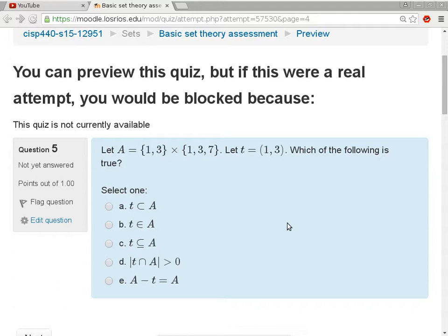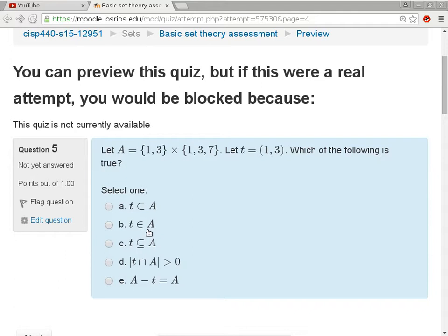Now, when we have parentheses, it means it is no longer considered a set. It is called a tuple, an ordered list. Since it's not a set, can it be a subset of something else? No, cannot be, right? So A cannot be true. Okay, let's take a look at B. Is t an element of A?